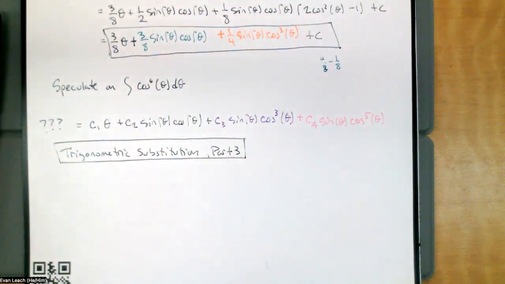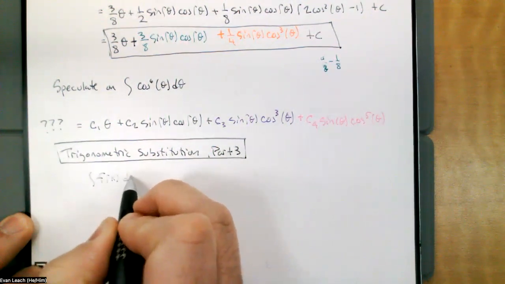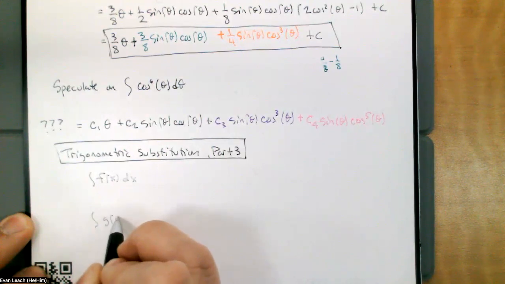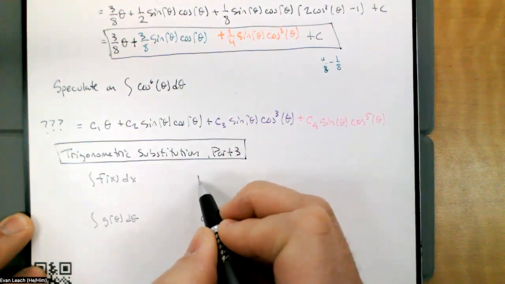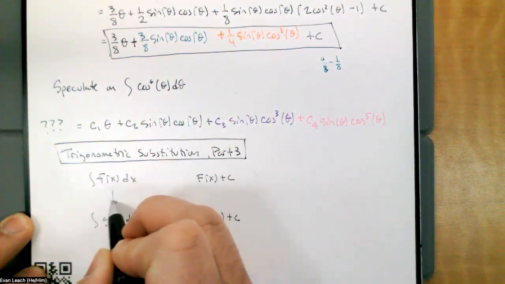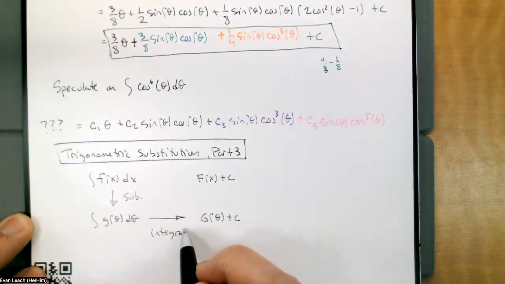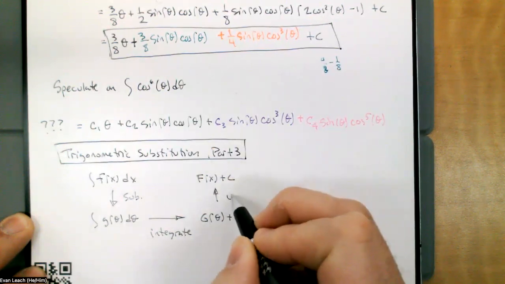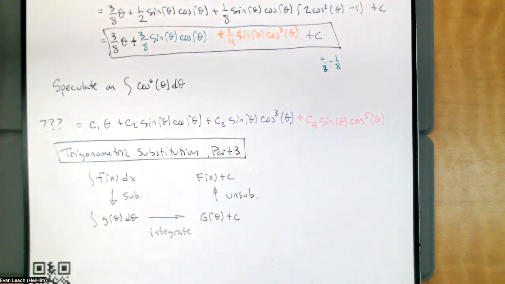Trigonometric substitution, part 3. Phase 1, the substitution, that's the 3 cases where you trade your quadratic form with a Pythagorean identity to get your theta integral.